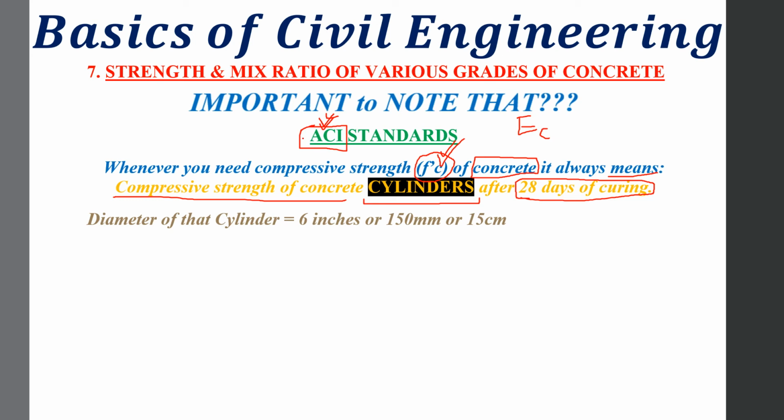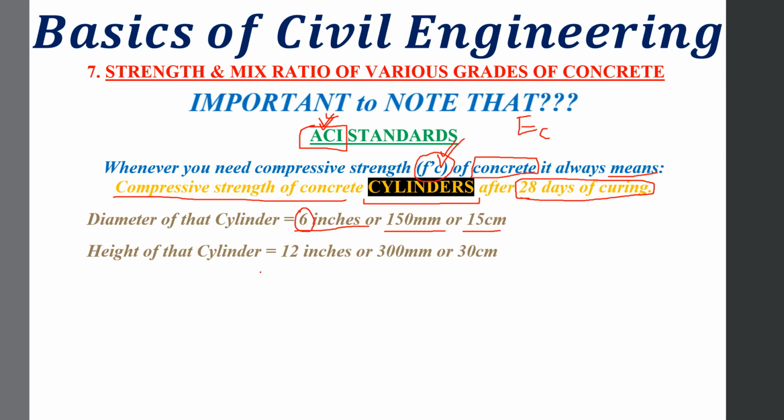The ACI standard mentions that the cylinder has two dimensions. The first one is the diameter of the cylinder, and the second one is the height of the cylinder. The diameter of the cylinder used in ACI standard testing is 6 inches, or 150 millimeters, or 15 centimeters.